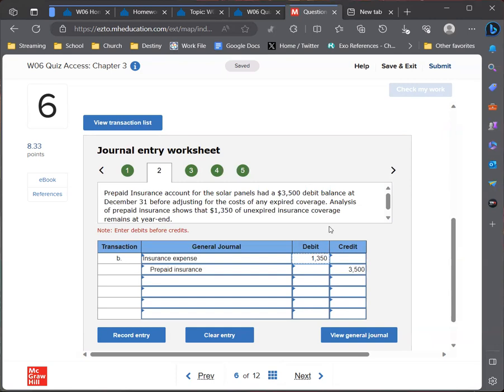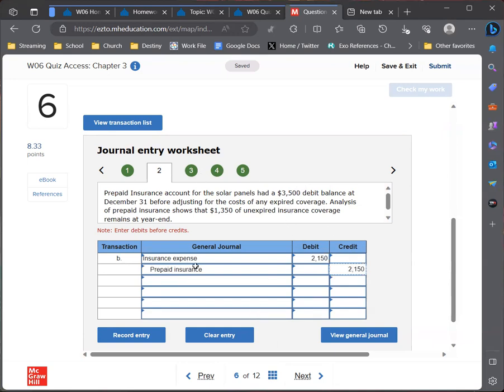It fooled me in the beginning, so it took me a while to figure it out. What you want to do is take 3,500 minus 1,350, which will get you 2,150 for debit and then 2,150 for credit.